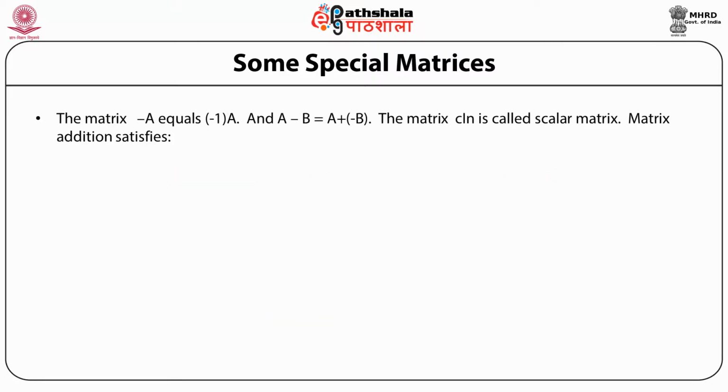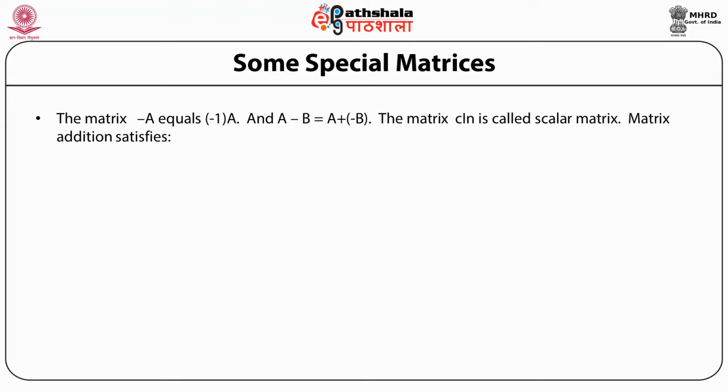The matrix minus A equals minus 1 into A, and A minus B is actually equal to A plus minus B. The matrix cI is called the scalar matrix.